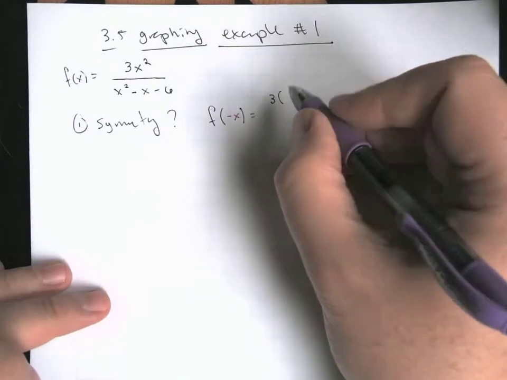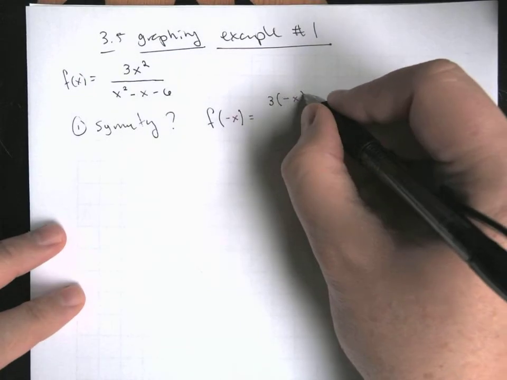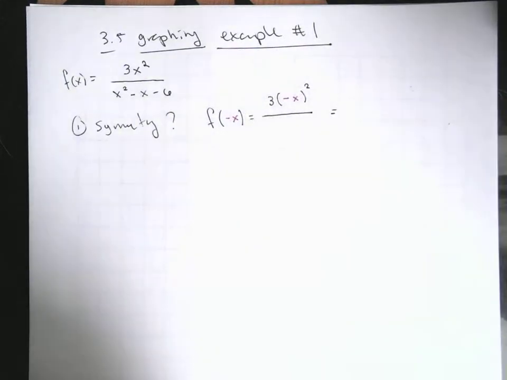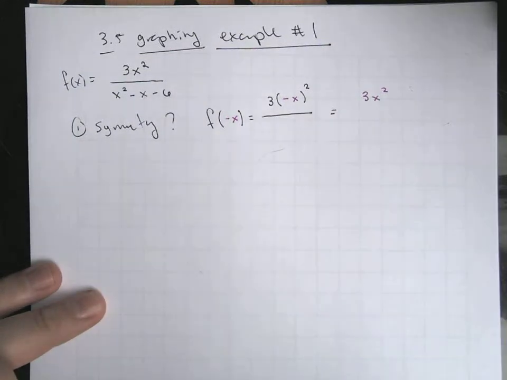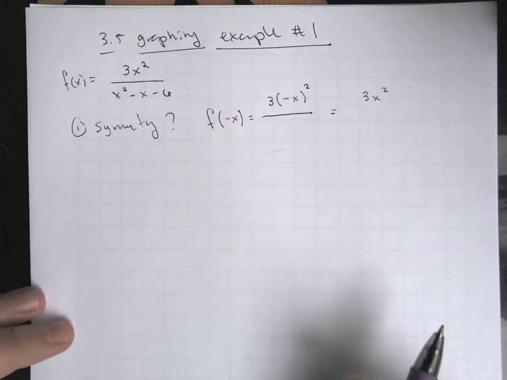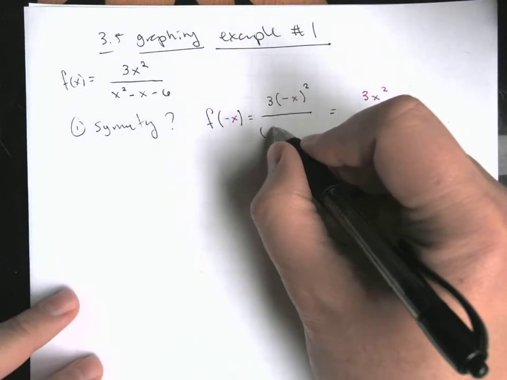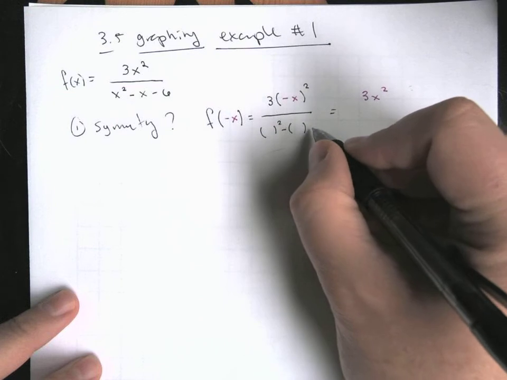If we look at the top, what's going to happen is we have 3 times x squared, so negative x squared is going to just become, back to where we started, positive 3x squared. That could imply some symmetry is coming. We're going to have to see how that compares to what's on the bottom. The bottom is x squared minus x minus 6.